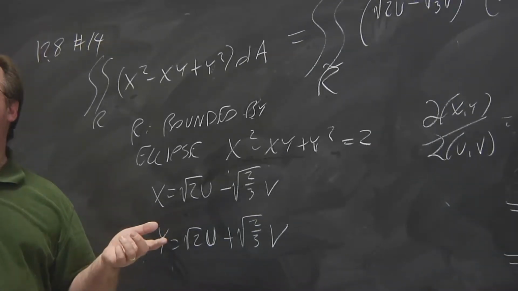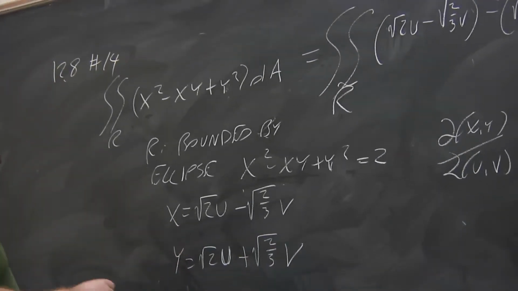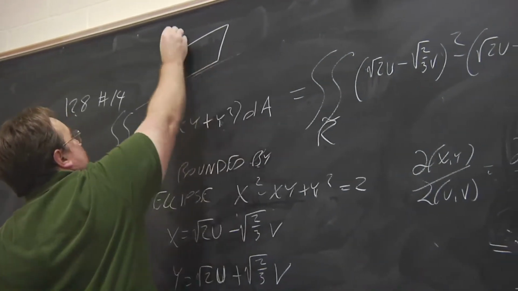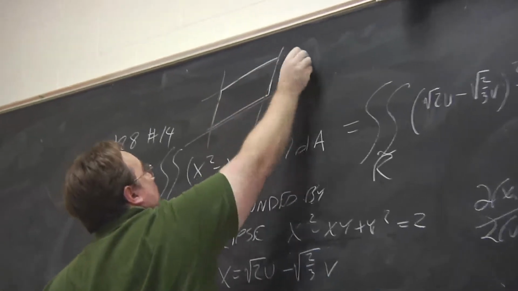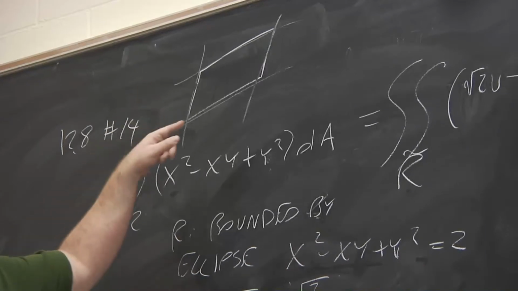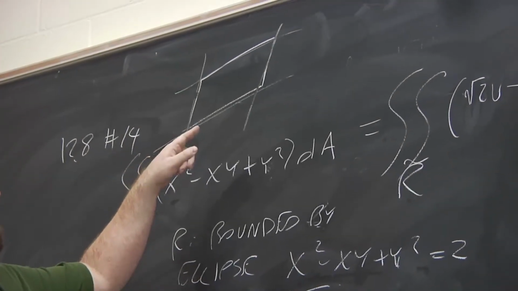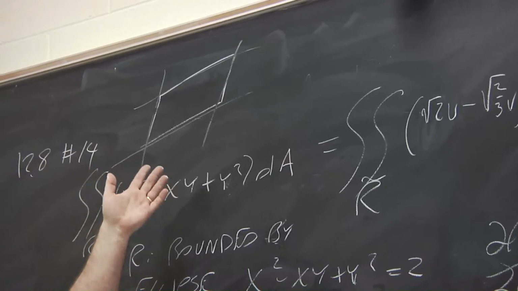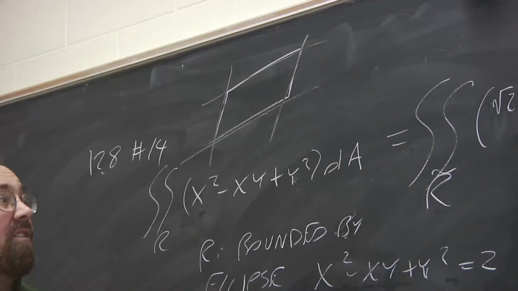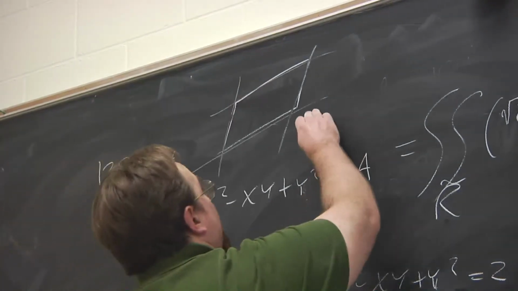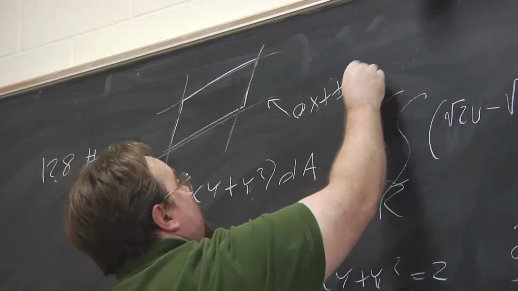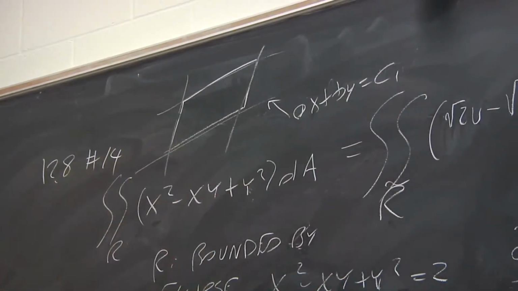Now, one example that's in the notes is if you have a parallelogram, you can come up with the equations of the lines that define the edges of a parallelogram, and from those equations, you can come up with a transformation that maps the parallelogram into a rectangle. Because here, this edge might be defined by the equation ax plus by is equal to a constant.